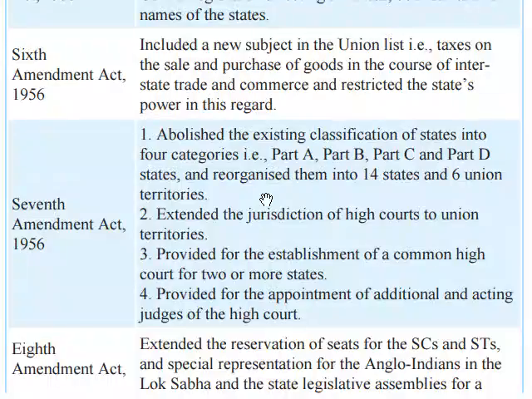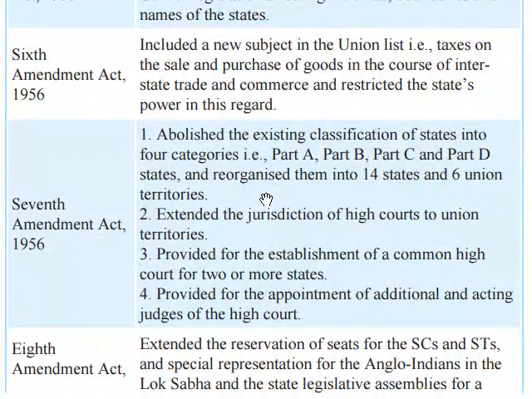Seventh Amendment Act 1956 abolished the existing classification of states into four categories: Part A, Part B, Part C and Part D, and reorganized them into 14 states and 6 union territories.